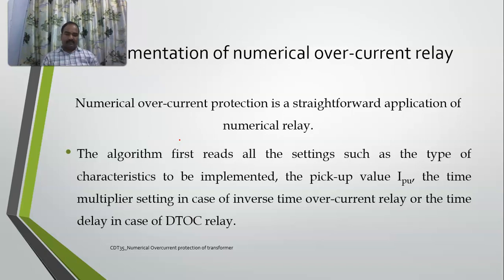The very first step in implementing a numerical overcurrent relay is that we must know the settings which are to be implemented: the type of characteristics, the pickup value, and the time multiplier setting. The time multiplier setting will be applicable only in case of inverse relays.